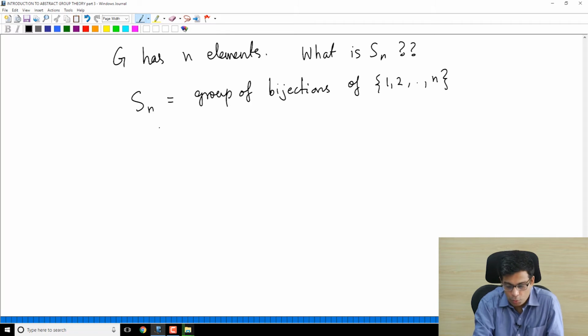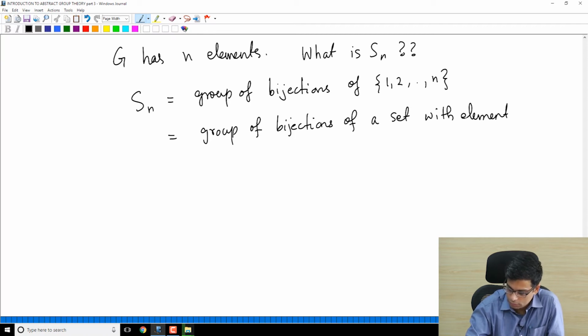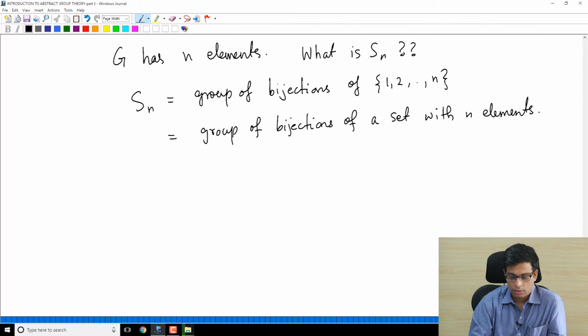Sn is the group of bijections of a set with n elements. For convenience, when working with symmetric groups, it's convenient to call the elements 1, 2, 3 up to n, but it need not be those. Sn is the group of bijections of any n element set. G is one such. G is an n element set.